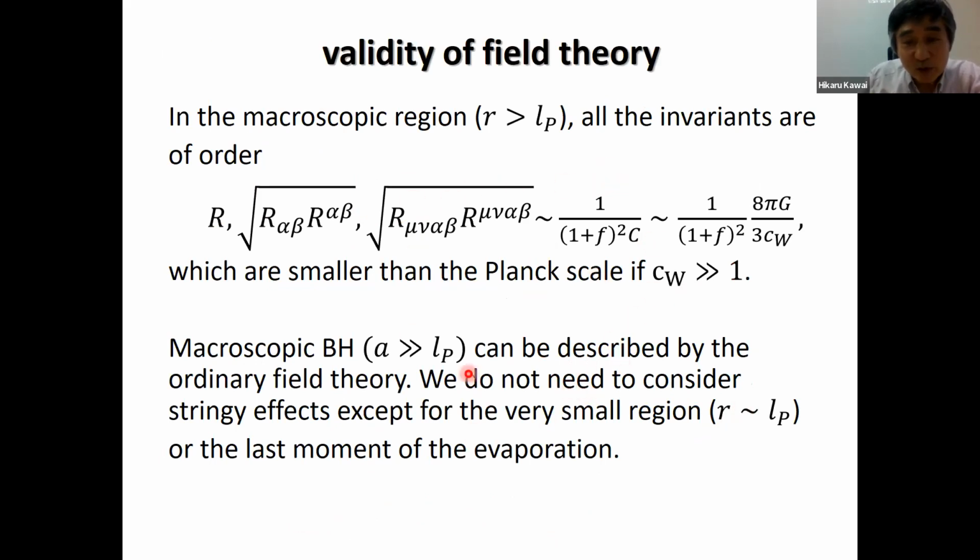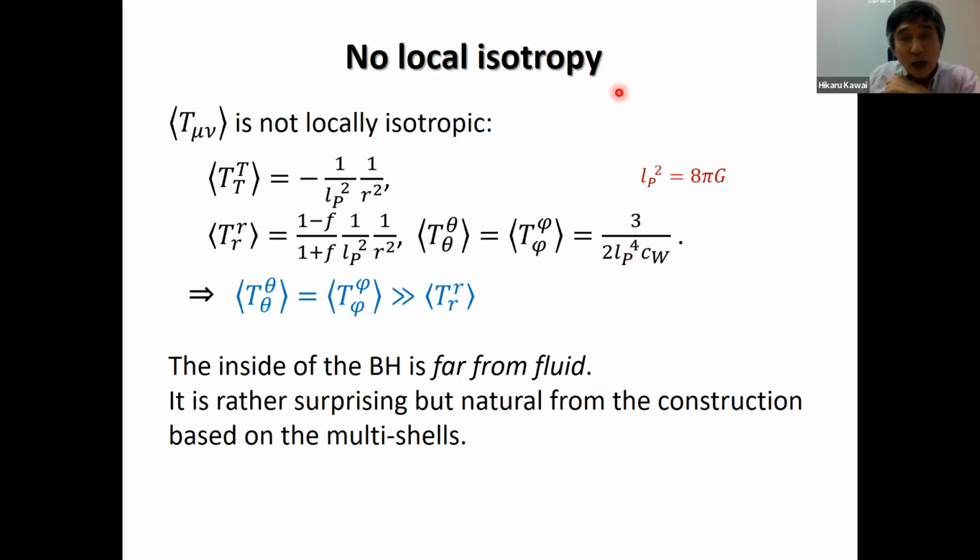In this formulation, we need just a field theory. And also, I would like to point out one remarkable point. This energy momentum tensor is not locally isotropic. As we have discussed, the energy density is proportional to 1 over R squared. And also, the radial pressure is proportional to 1 over R squared.